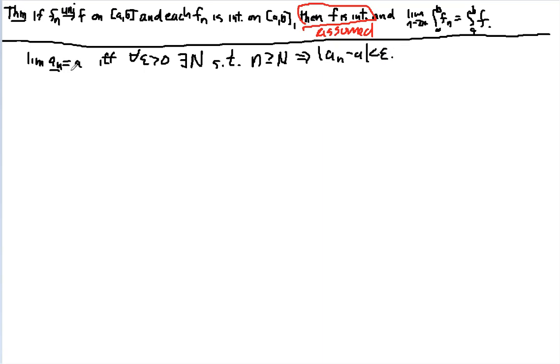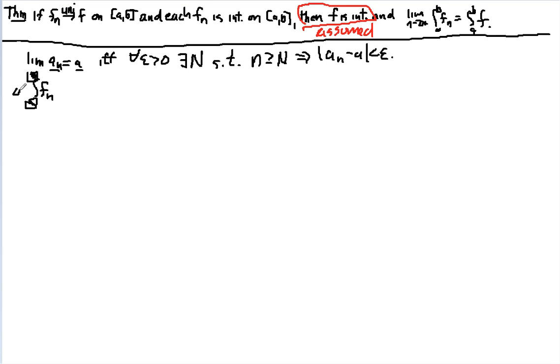Remember, these are just numbers, but actually, I'm going to suppress the a and the b. I'm going to be really lazy. The integral of f sub n, you're supposed to imagine that there's an a and a b there, except I'm just not going to write these because I'm lazy.